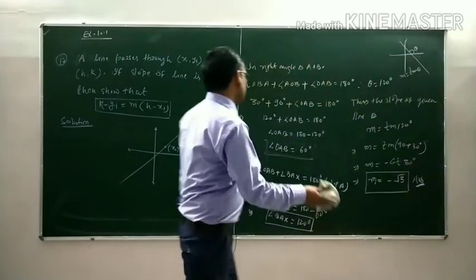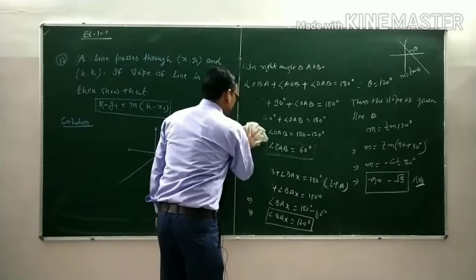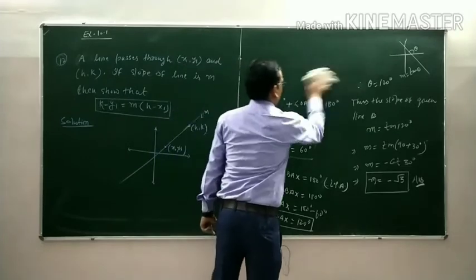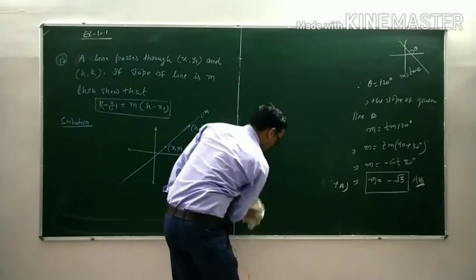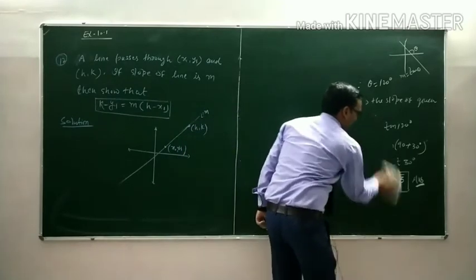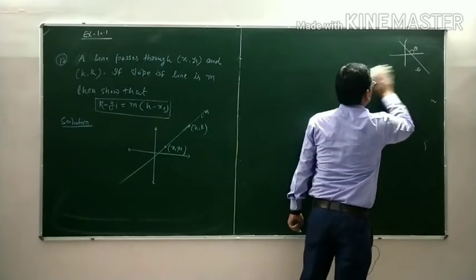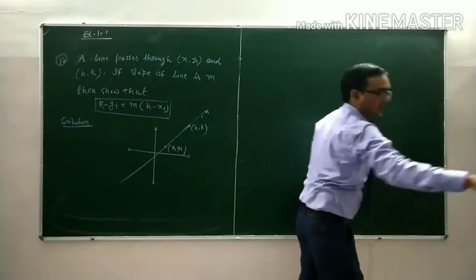Here the line passes through two points, and we find the slope of the line.